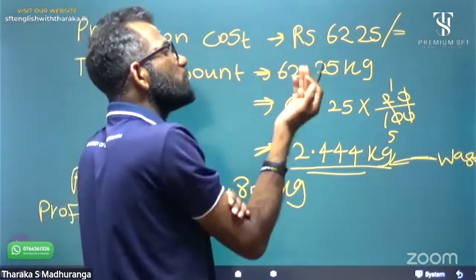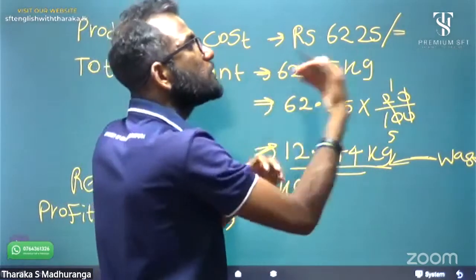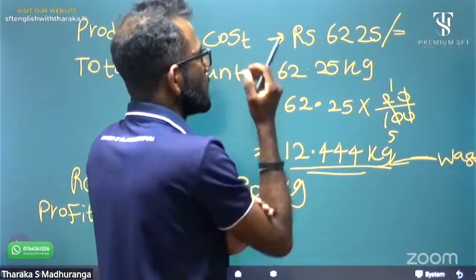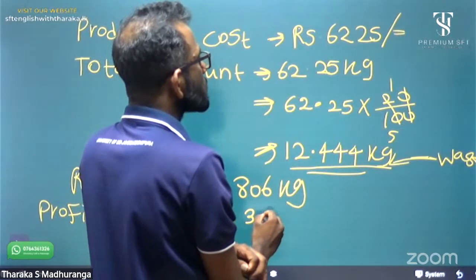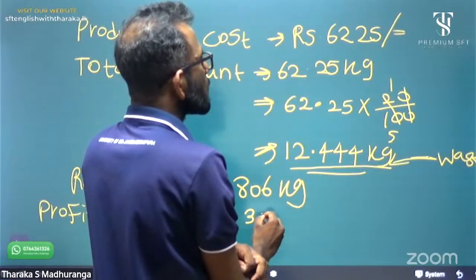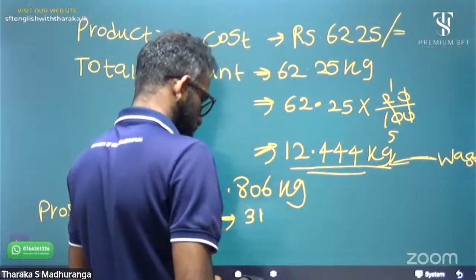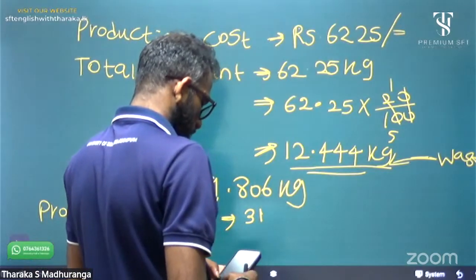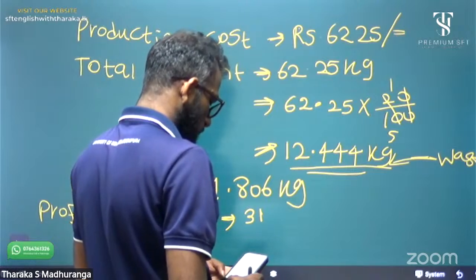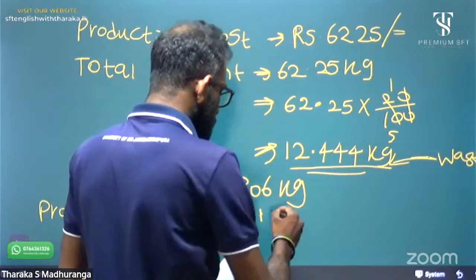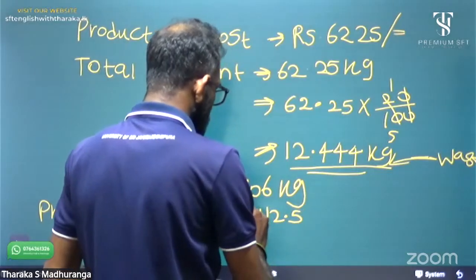The profit requirement: 62.25 into 150%, the cost plus 50% profit. That means 3,112.5 rupees.